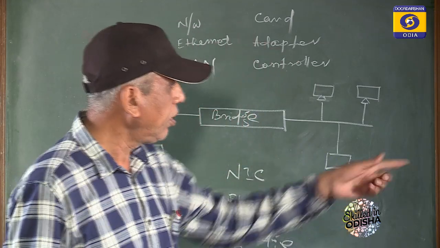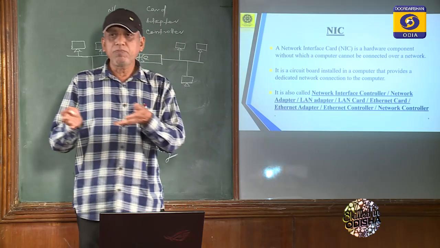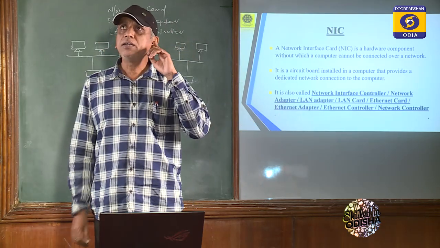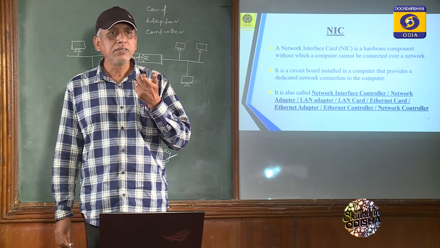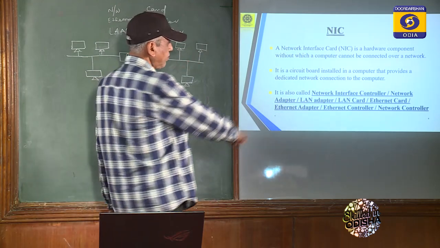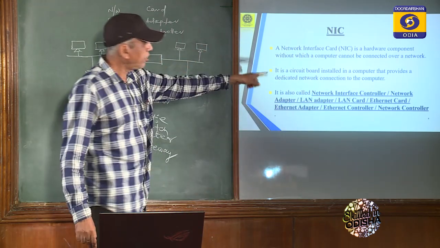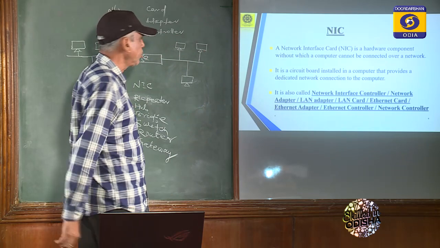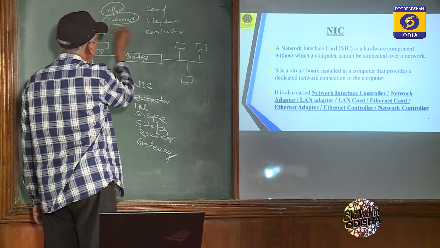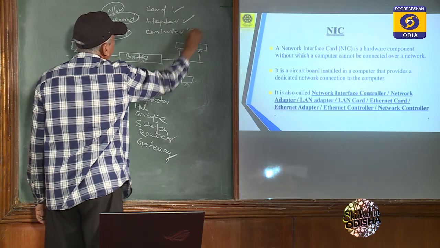So how to remember all these names? Some persons may say LAN card. You may assume that you do not know what a LAN card is, but the LAN card is also the same as the NIC. So how to remember this? Remember network, Ethernet, LAN, and card, adapter, controller.